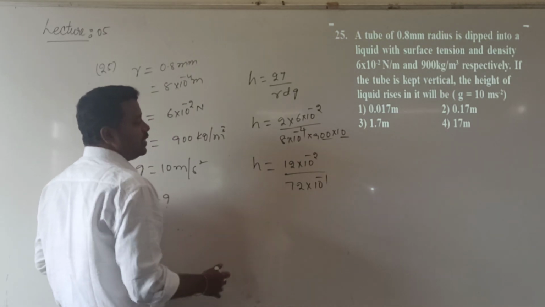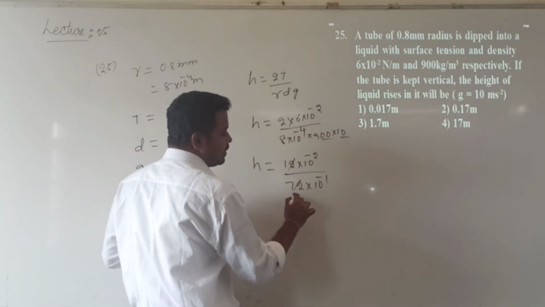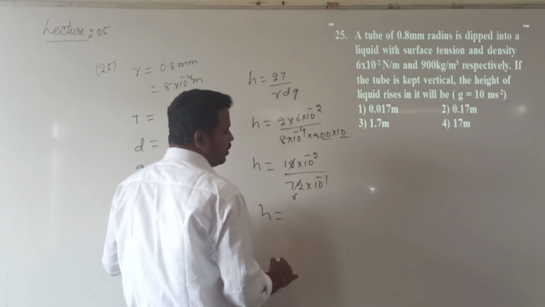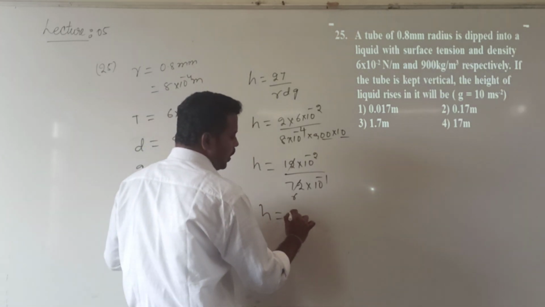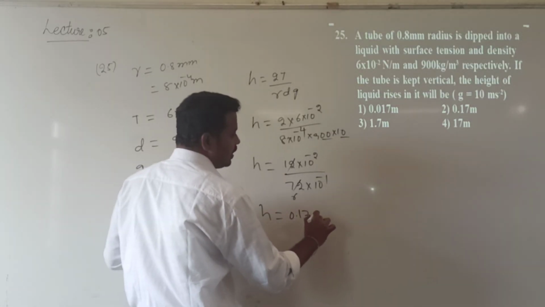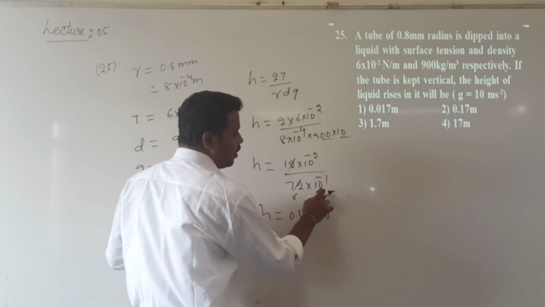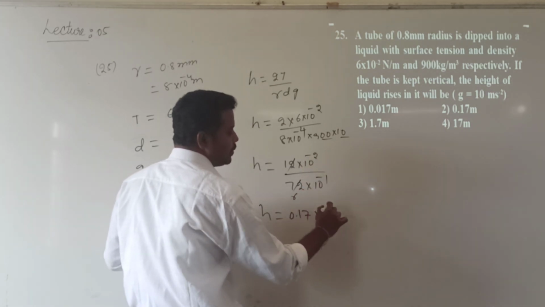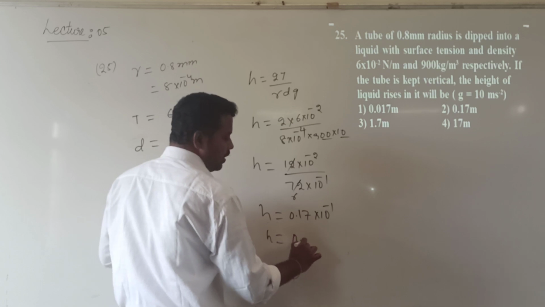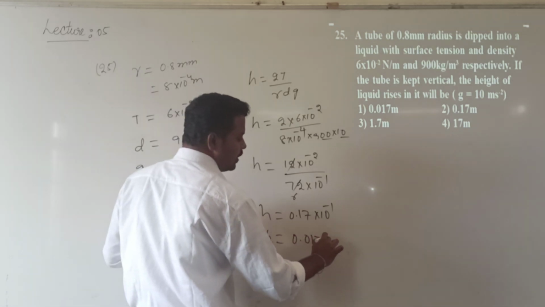So I will get this much. 72 1s are 72, 6 are. H value 1 by 6. 1 by 6 value is 0.17 into 10 to the power of minus 2 plus 1, 10 to the power of minus 1. H value is given by 0.017 meters.